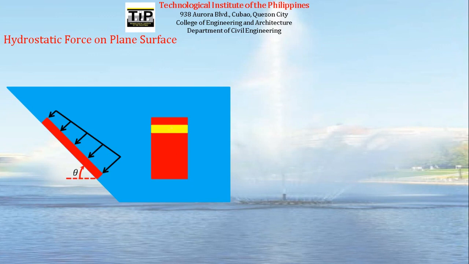Okay, let's analyze this strip. So we can say that the area is dA. Okay, this dA means it's a very small area, because we just took a very small strip from this flat surface. Okay, so we have this d sub A.